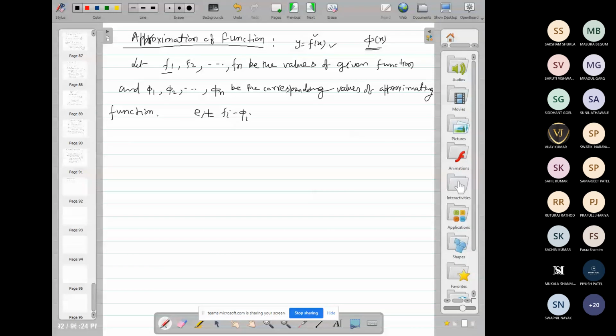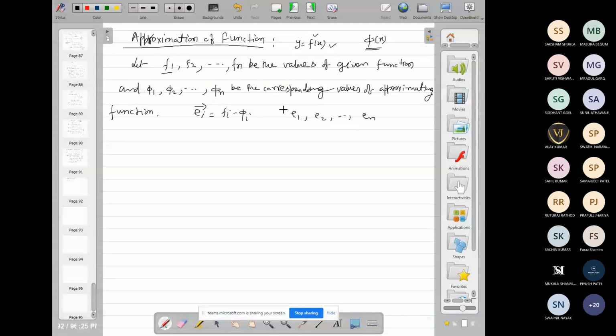Here we say error vector because the error may be positive or negative. The error vector is given by this, where E1, E2, ..., En are the errors.